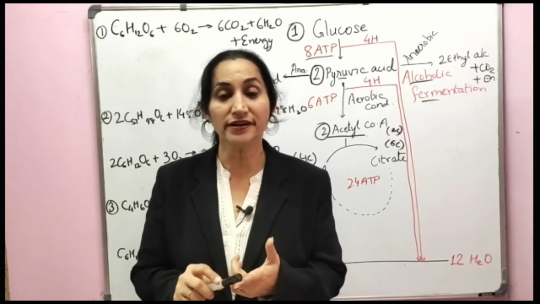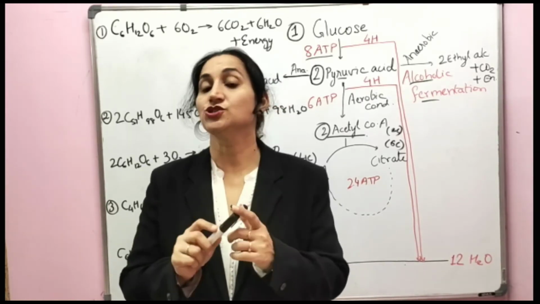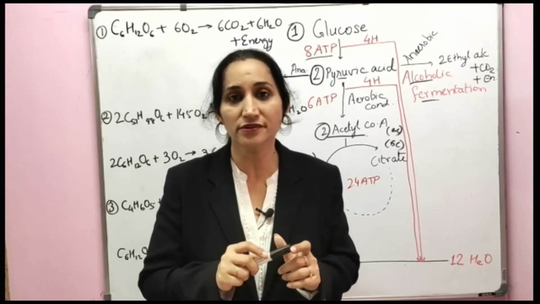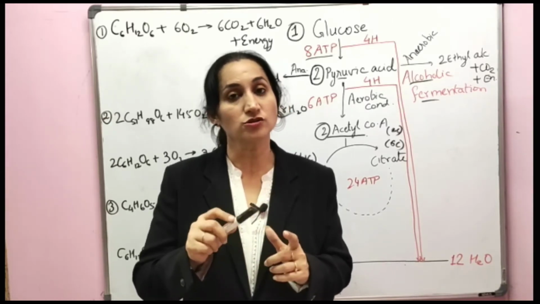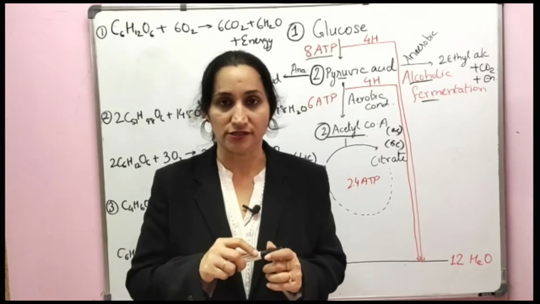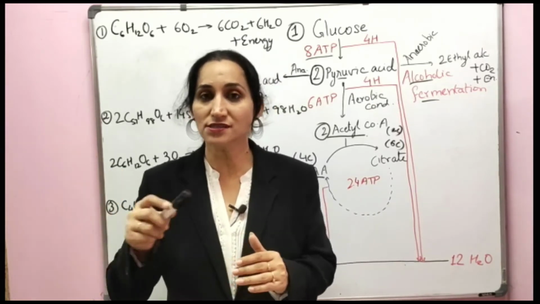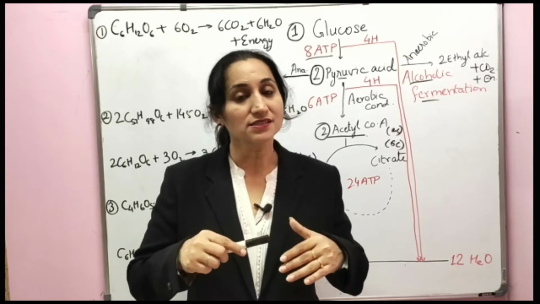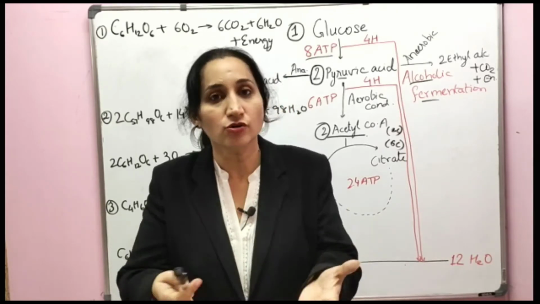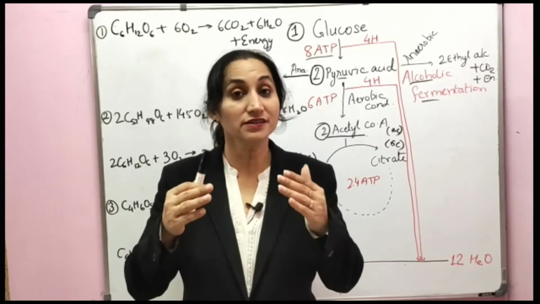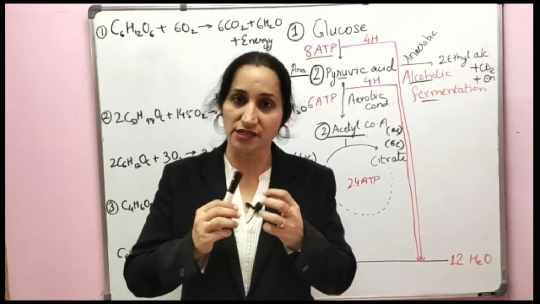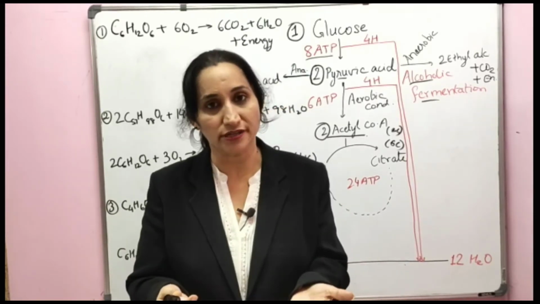Now let us have a look at the respiratory ratio. What is a respiratory ratio? Respiratory ratio is also known as respiratory quotient. In photosynthesis, plants take in carbon dioxide and give out oxygen, while in respiration, plants take in oxygen and give out carbon dioxide.